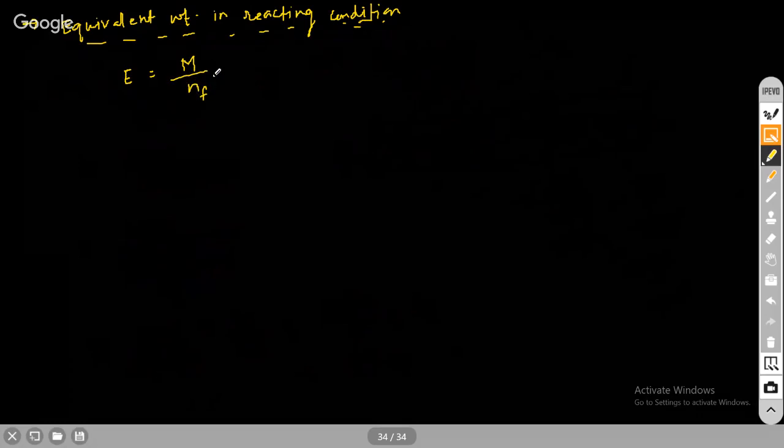So if you know the n factor, you can find out equivalent weight in reacting condition, right? So n factor is this. We call it n factor, or we also call it valency factor.